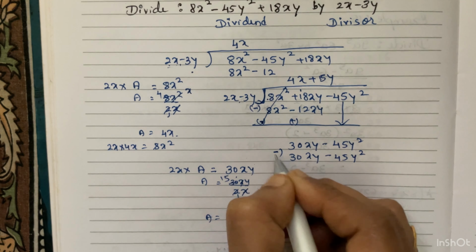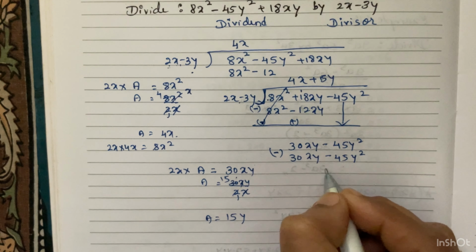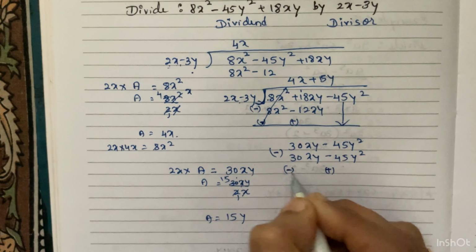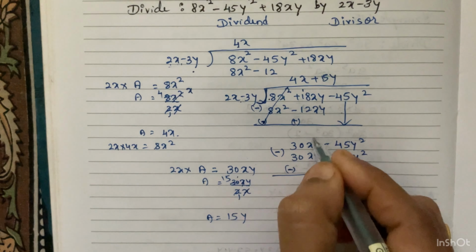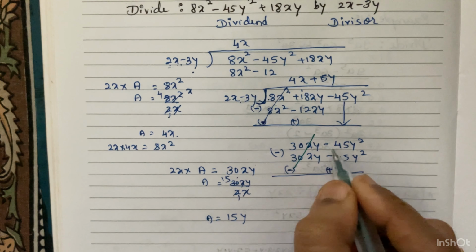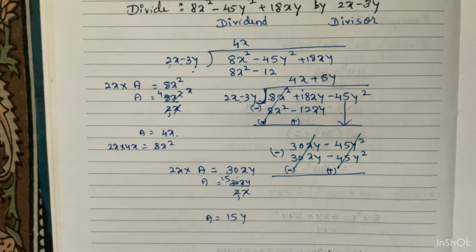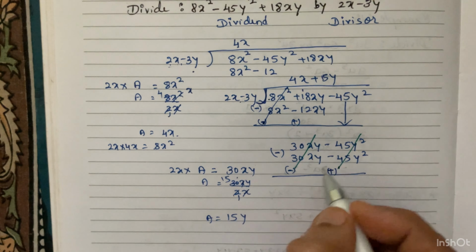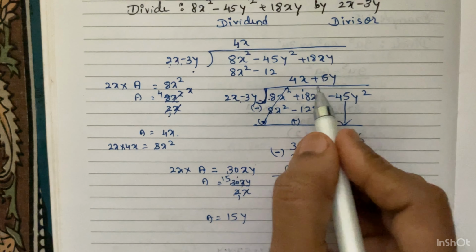Now still we need to subtract. Whenever we are doing subtraction, the second polynomial's signs are going to be changed. Now see here, plus 30xy and minus 30xy get cancelled, and also minus 45y square and plus 45y square get cancelled. So what's left here? We are left with a remainder of 0. I forgot to write this, yeah, I have written it here.